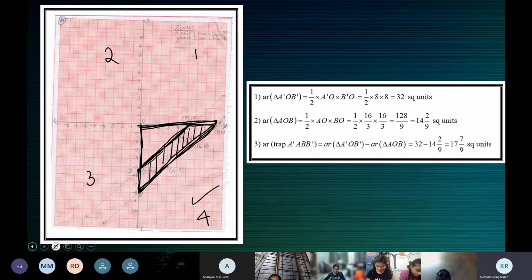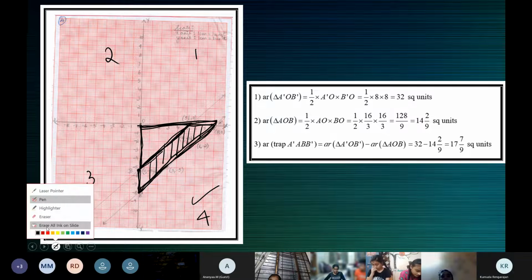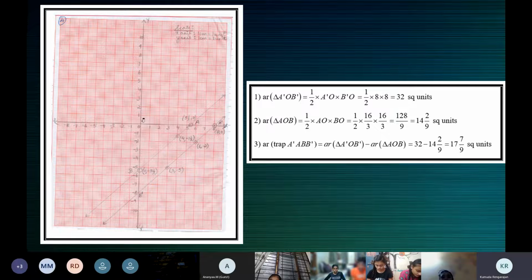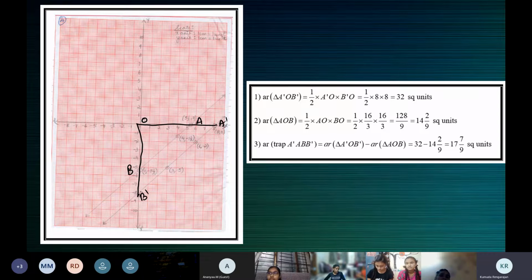I've named the triangles. You can see it here. I've called the small triangle AOB, and I've called the big triangle A dash O B dash.